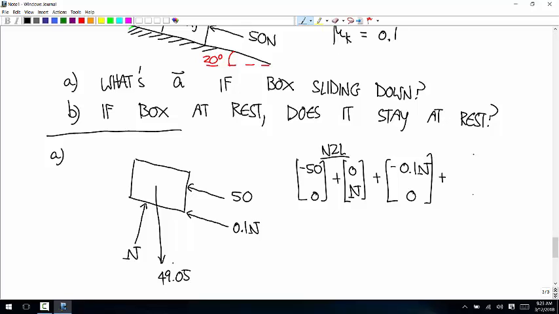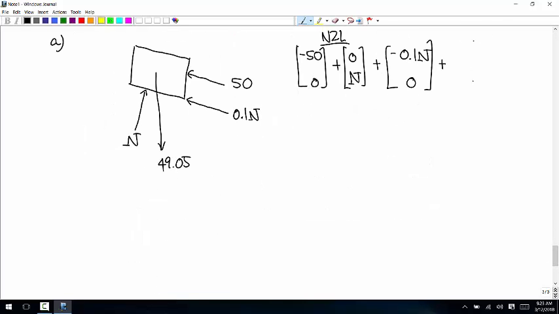plus, and now the only one that's sort of a pain to deal with is the weight force. That's always been the simplest one to deal with, but now you have to think about the angle. So if that's your coordinate system, and this is the weight force, this angle is 20 degrees.